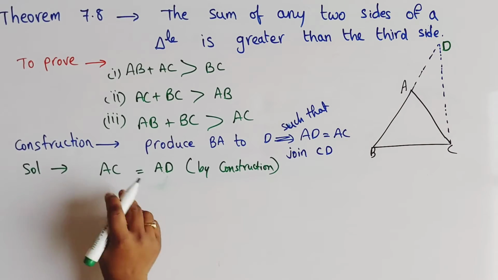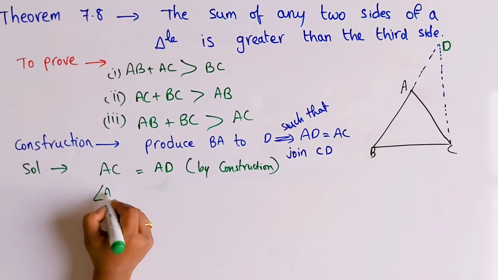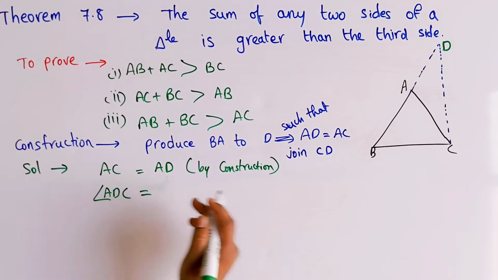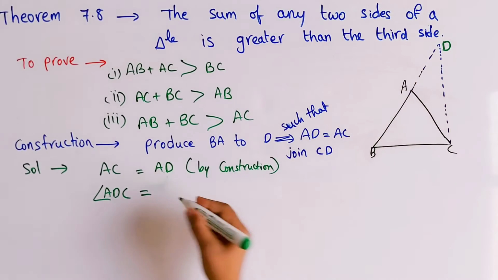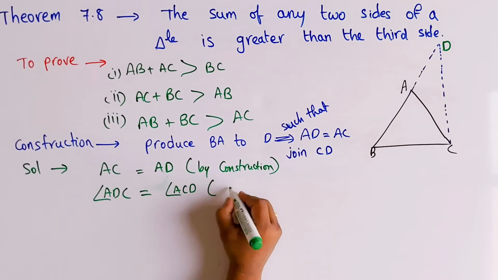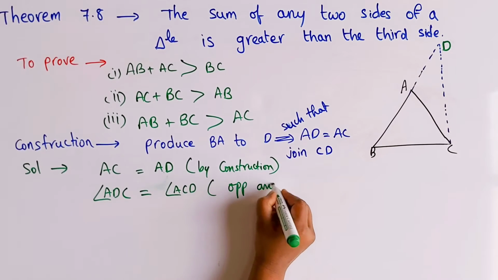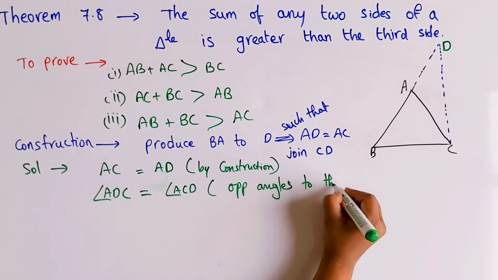Right children? So what is AC's opposite angle? Angle ADC is equal to AD's opposite angle, angle ACD. What is the reason? Angles opposite to the equal sides.